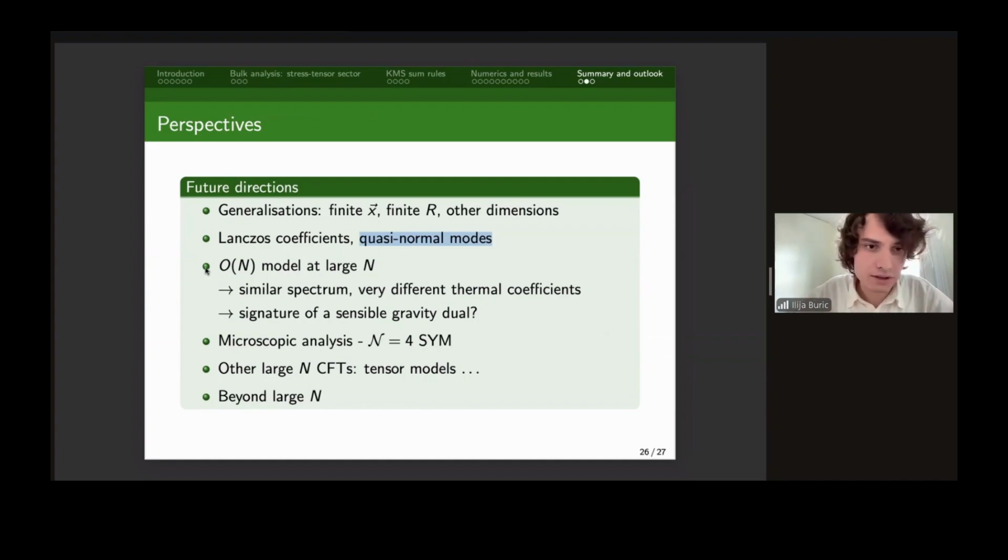One interesting model to compare with is O(N) at large N, which has a large number of degrees of freedom and a very similar spectrum, but the thermal coefficients behave in a very different way, so maybe this behavior is something to look into.